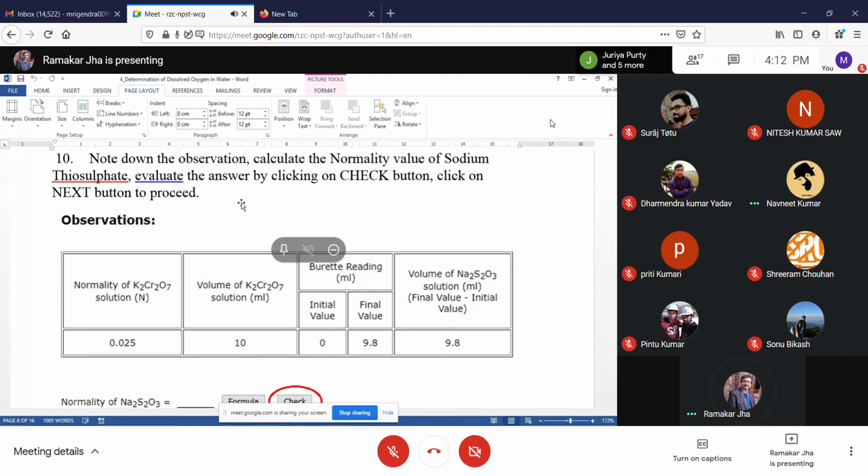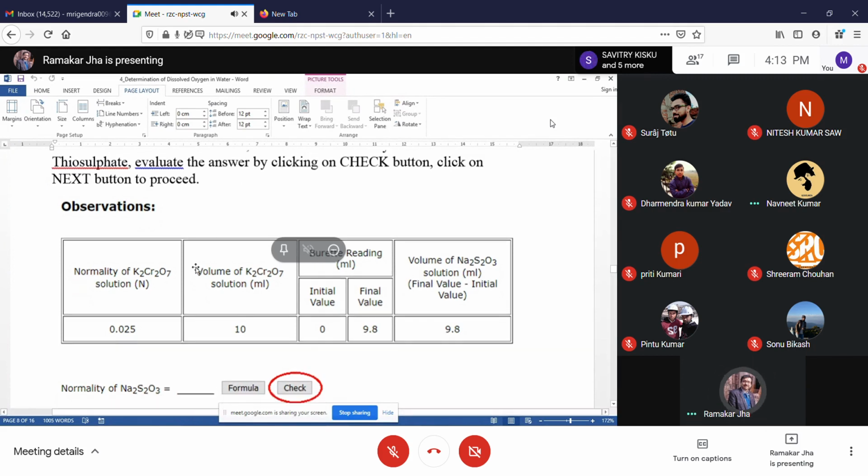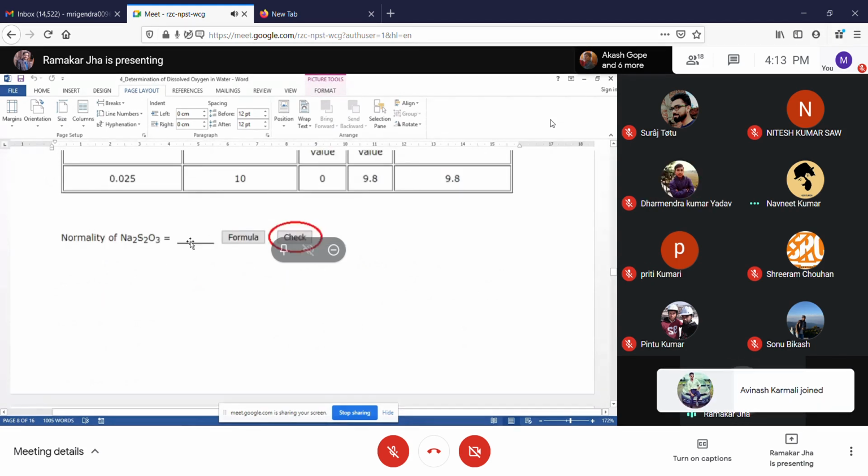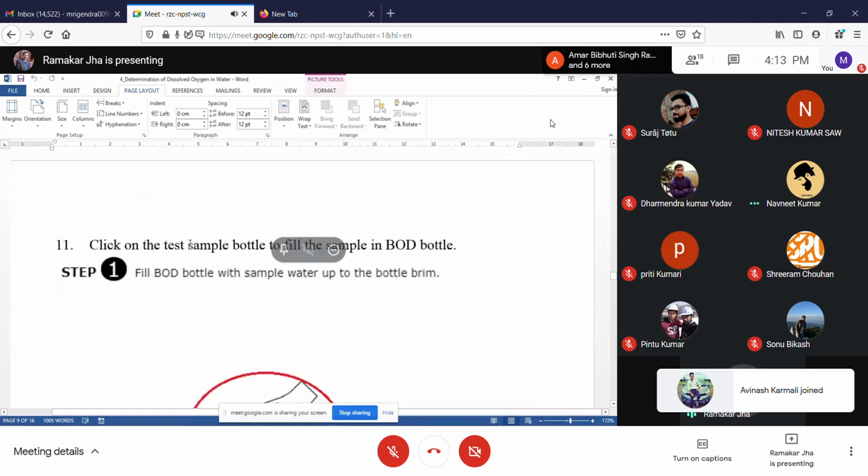The volume is taken as 10 ml. The burette reading of sodium thiosulfate used was 9.8. Now we can find out the normality of the sodium thiosulfate, using the formula we discussed earlier.